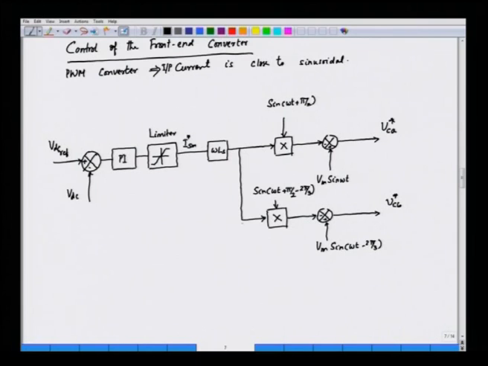Now, similarly for phase C, if we implement for phase C, we have again another multiplier.